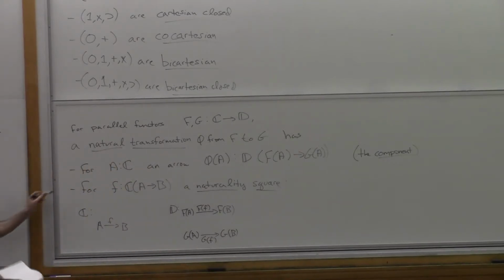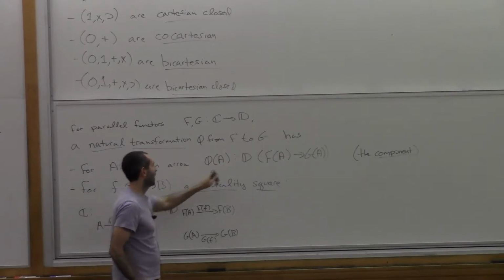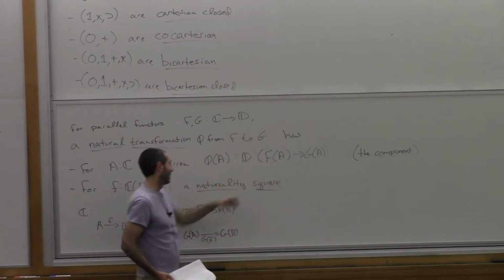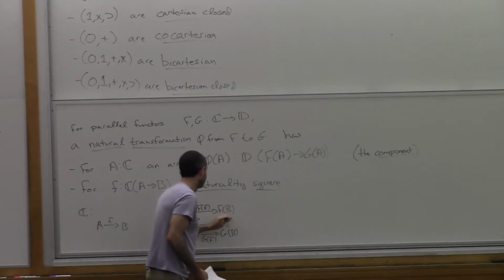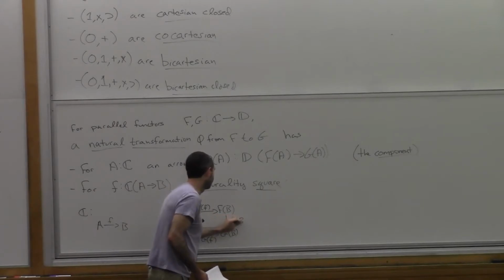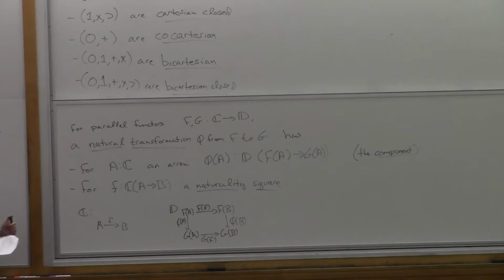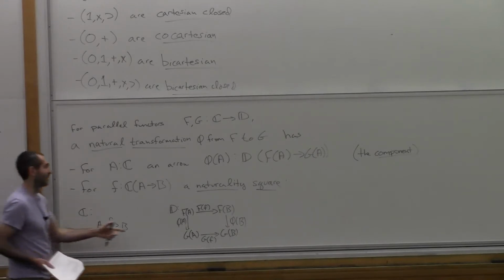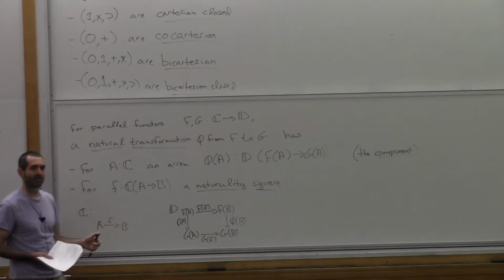And we also have, as I just defined, these arrows in D, right, which go from the F image of an object to the G image of an object. So that's the component at A, and that's the component at B. And the naturality condition on this square says that this diagram in D commutes. This square commutes.